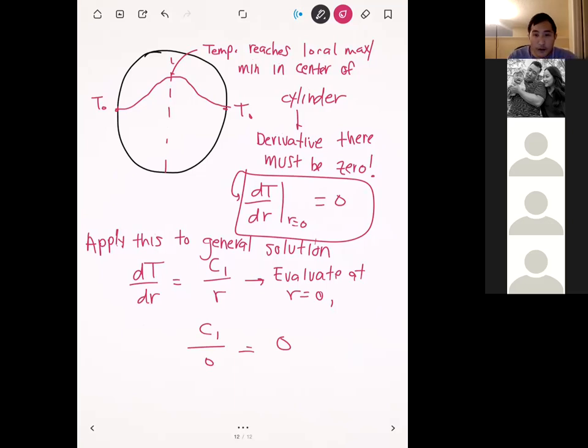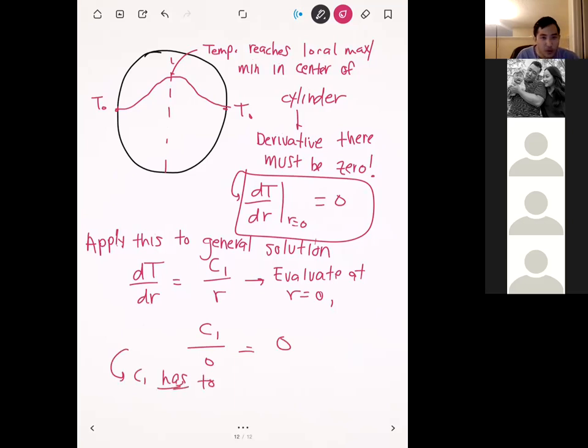And so what we have right here is something that will break all of mathematics. But in order to rectify this, we say that in order for us to actually have a symmetric temperature distribution, C1 has to be 0. And I know what you're thinking.